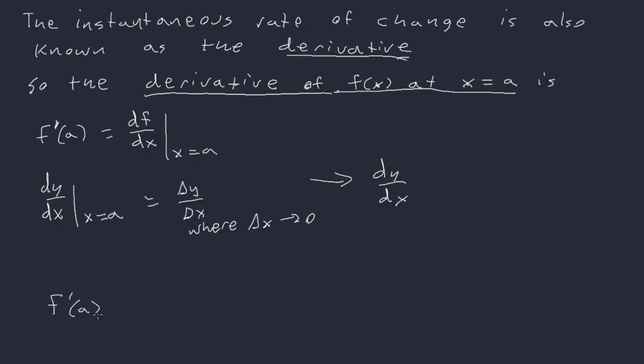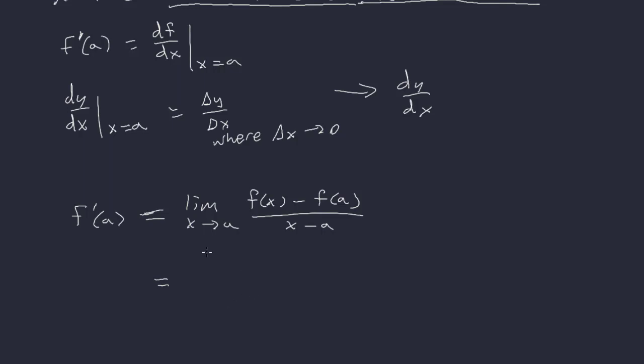The big thing is that the derivative at a is going to be the limit as x goes to a of f of x minus f of a all over x minus a. Or the other way that we can define the derivative is in terms of h. So this is the limit as h goes to 0 of f of a plus h minus f of a all over h.